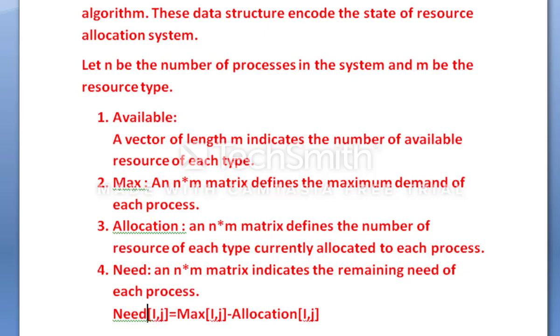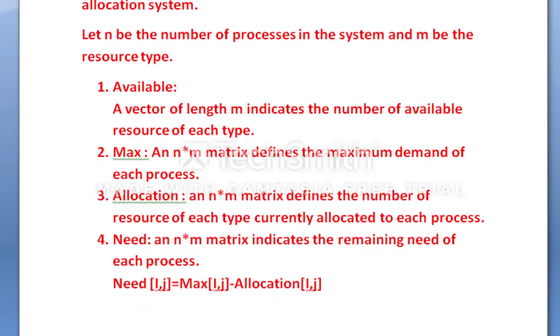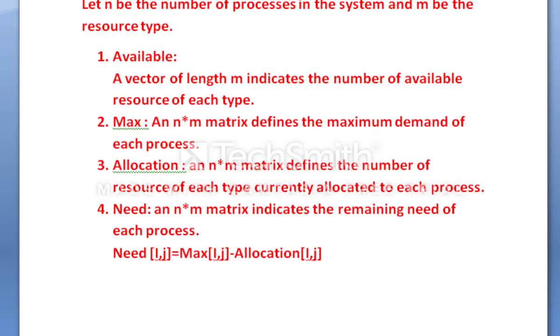First we have to calculate the need of each process. How do we calculate it? We have a given maximum value, the maximum resources of each type. Let's write it so that you understand properly.